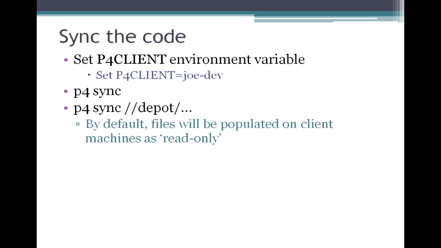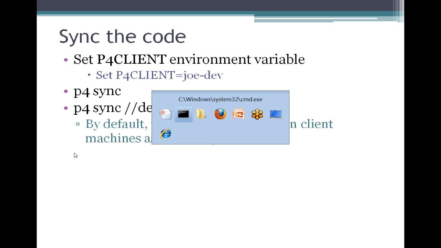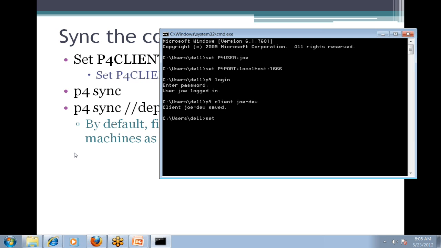Now I need to sync the code. Before syncing the code, you need to set one more environment variable called P4CLIENT. Since you gave the client name as JoDev, you need to set the same here.